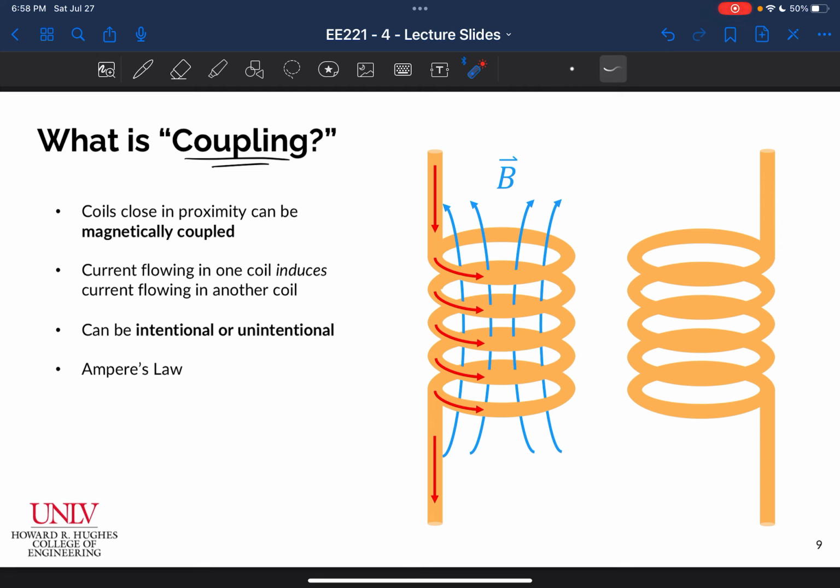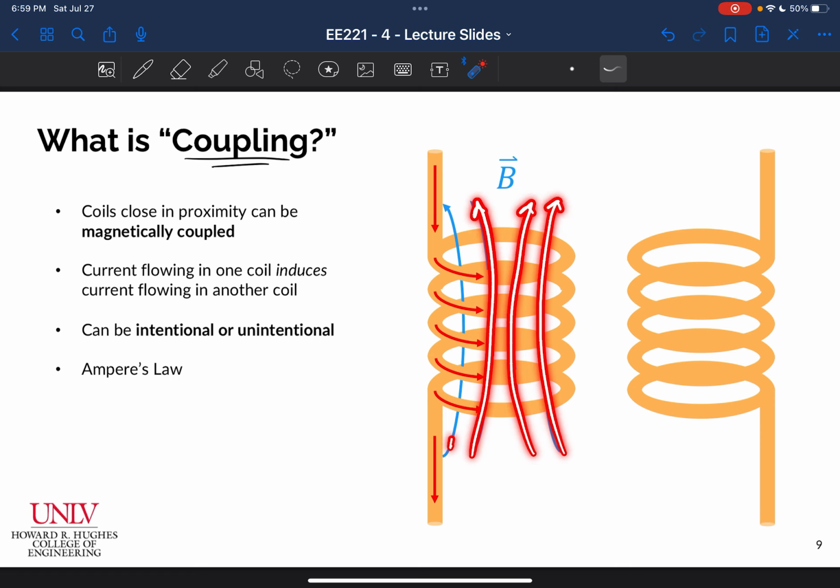So when I have current, Ampere's law basically tells us that if I have current flowing through this coil, I am going to get a magnetic field, like I said earlier, that's going to form around this wire here. If I add the effects of all of those, I get these magnetic field lines that sum together, and I get these larger magnetic fields.